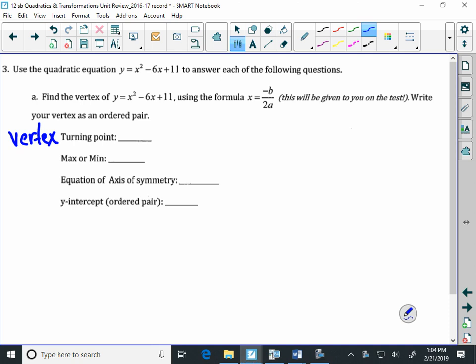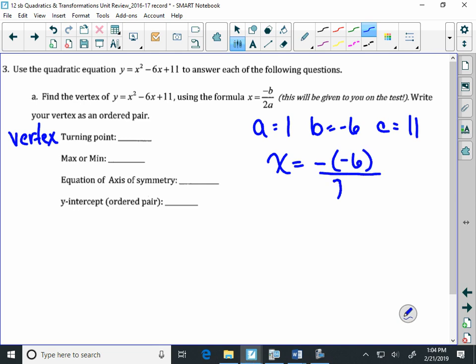So the thing is, on this problem, a is 1, b is negative 6, c is 11, and we're going to fill in our formula. So it's going to be x equals the opposite of b divided by 2 times a. Well, double negative is positive, so it's 6 divided by 2, and x therefore is 3.